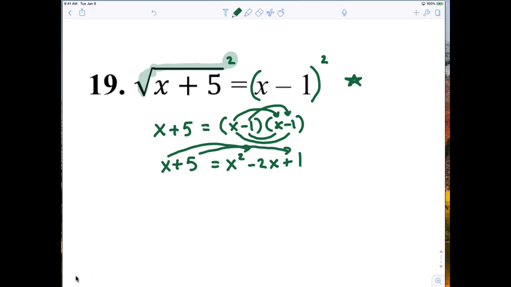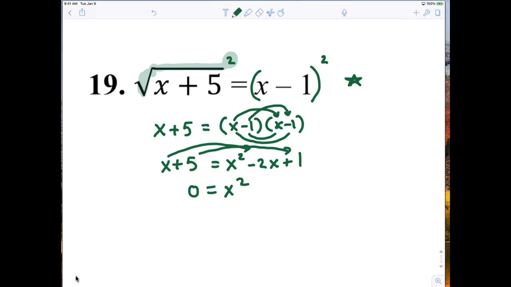So I'm going to move the x over, and I'm going to move the 5 over. When I move the x over, how many x's do I end up with? How many x's? Everybody tell me. You're almost right. You're subtracting. So it's not positive 3x, but what?